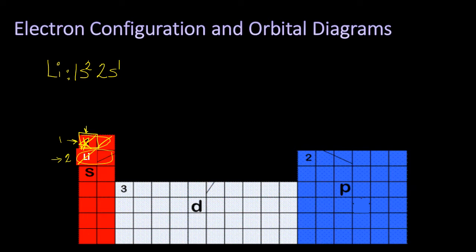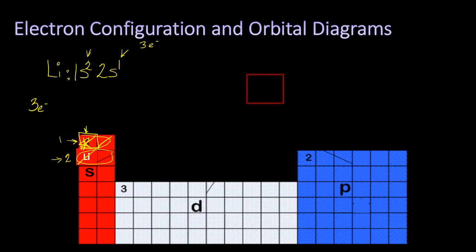How many electrons does lithium have? Well, if you said 3 electrons, you are correct. And look at this: 2 plus the 1 is 3 total electrons. You have now placed an address for every single one of lithium's 3 electrons.